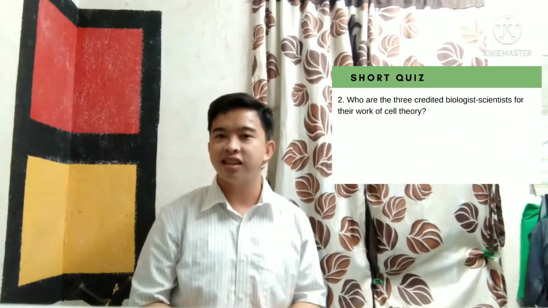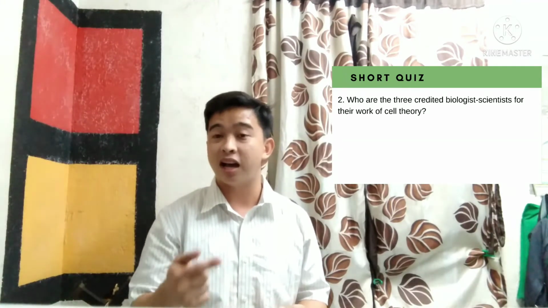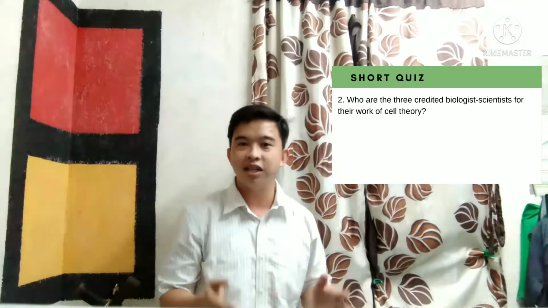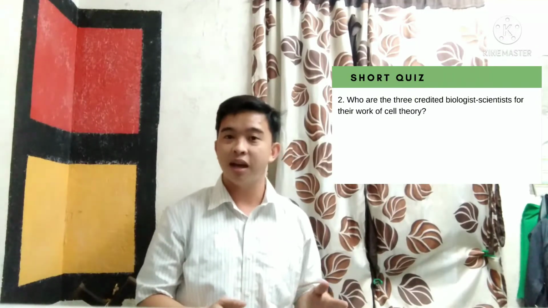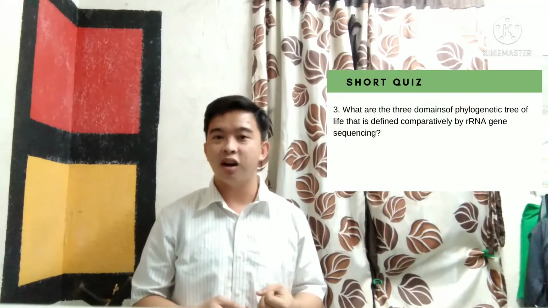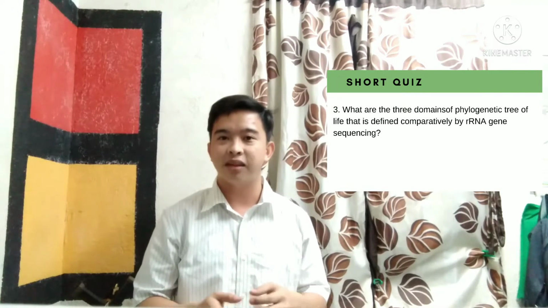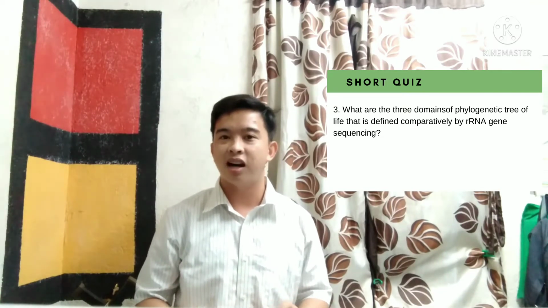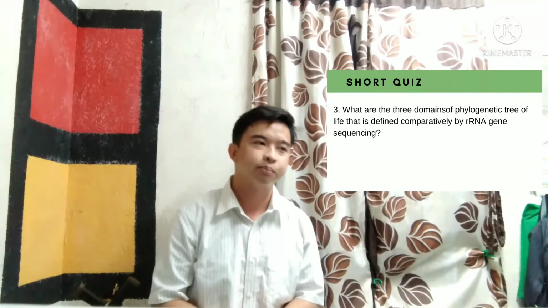Number 2, who are the 3 credited biology scientists for their works of cell theory? Meaning you need to list down the 3 biologists' full names, and wrong spelling is wrong. Number 3, what are the 3 domains of phylogenetic tree of life that is defined comparatively by rRNA gene sequencing?